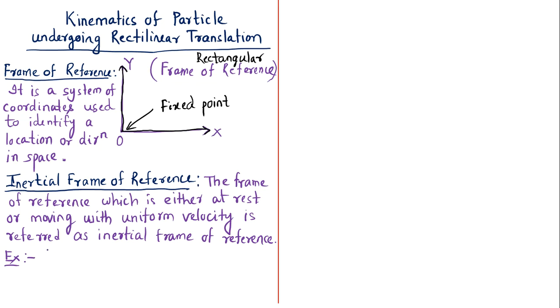I can take the example of a train moving with constant velocity; it is an example of an inertial frame of reference.